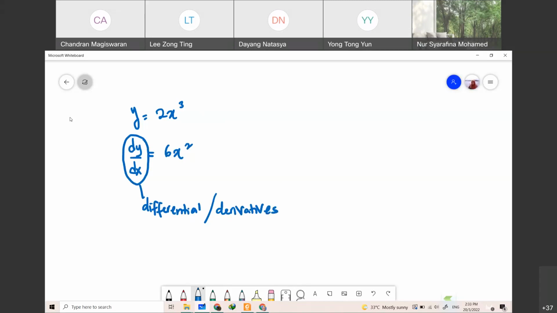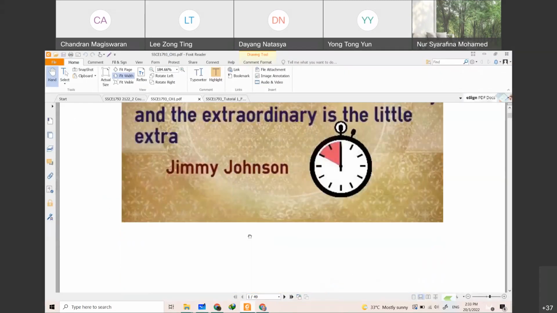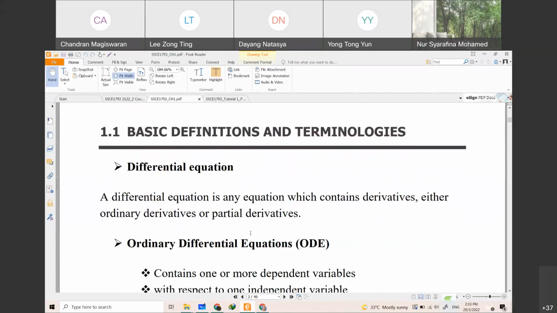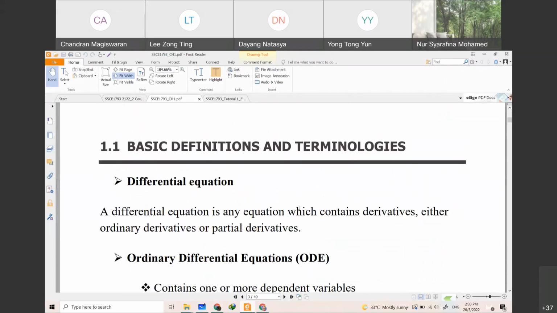So a differential equation is any equation which contains a derivative, either ordinary or partial. So this is a differential equation.